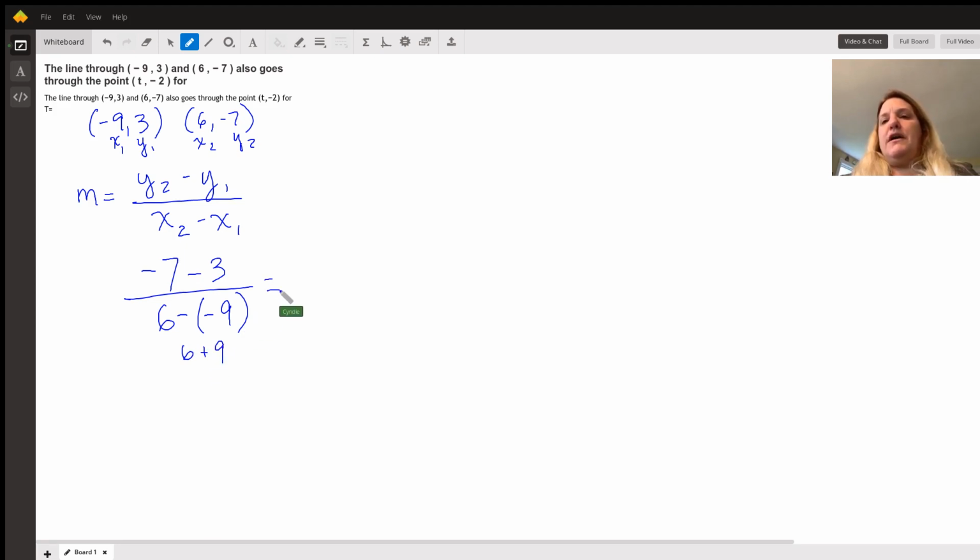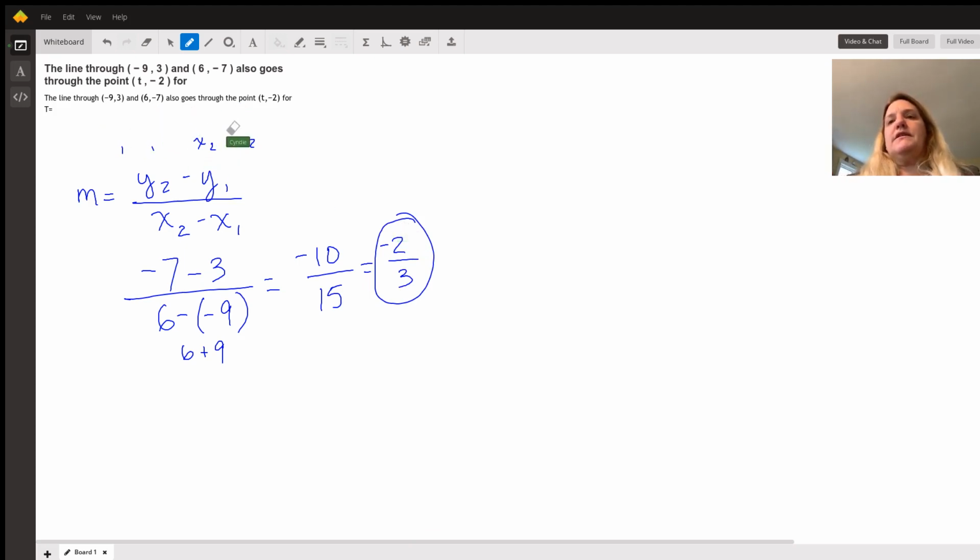So if I add together here my -7 minus 3, I get -10, and then 6 plus 9 is 15. This fraction can be reduced if I divide both the numerator and the denominator by 5. -10 divided by 5 gives me -2, and 15 divided by 5 gives me 3. So the slope for my line is -2/3.